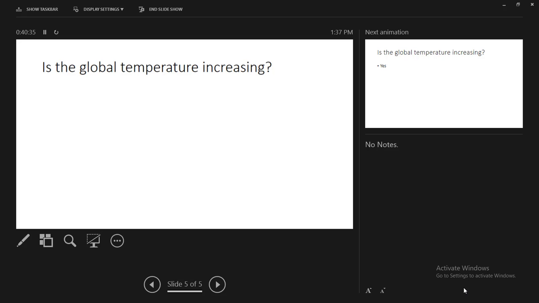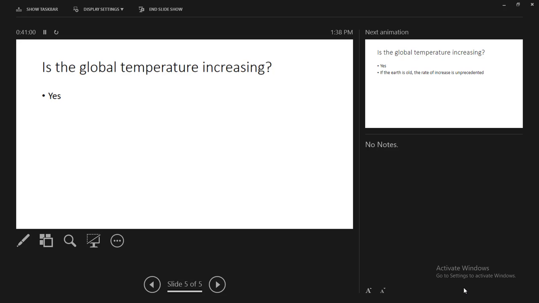If greenhouse gases trap heat, are we trapping more heat? Simple answer to this question is yes. Yes, global temperature is increasing. Okay? Doesn't really matter where you go to find those data, you're going to find support for that, that global temperature is increasing.